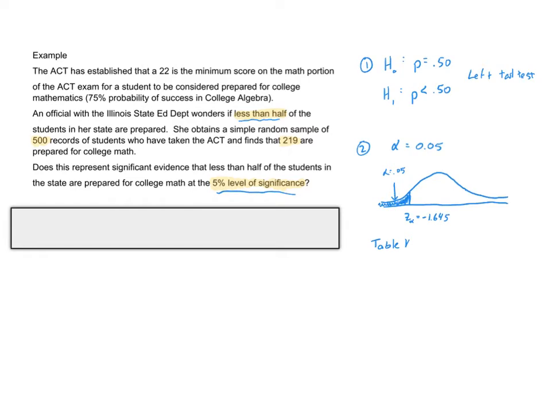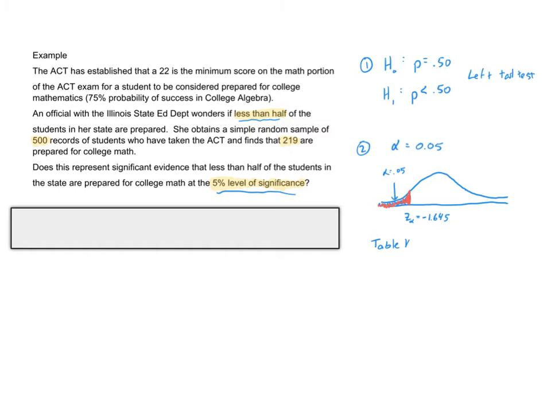That's the z-score corresponding to right there. There we go. There's my z-score. That's the critical value. The shaded area, that's the critical region. In step 3, when we do our test statistic, anything that falls inside of there, we reject the null.